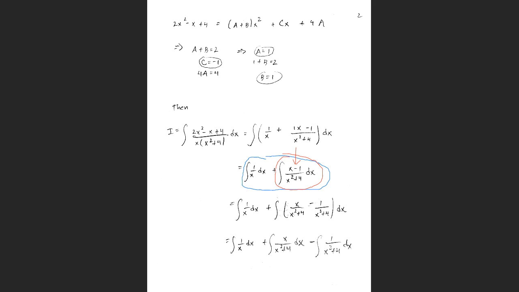I can write that fraction as the difference of these two fractions with that common denominator, and so my integral now equals this at the bottom. Please let me know if you have any questions.